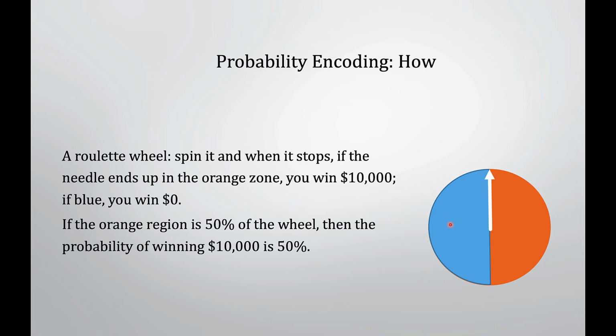That is to say that if we rotate this roulette with this condition, you will have a 50% chance of winning $10,000. And then you will have a 50% chance to win nothing when the white needle rests in the blue region.